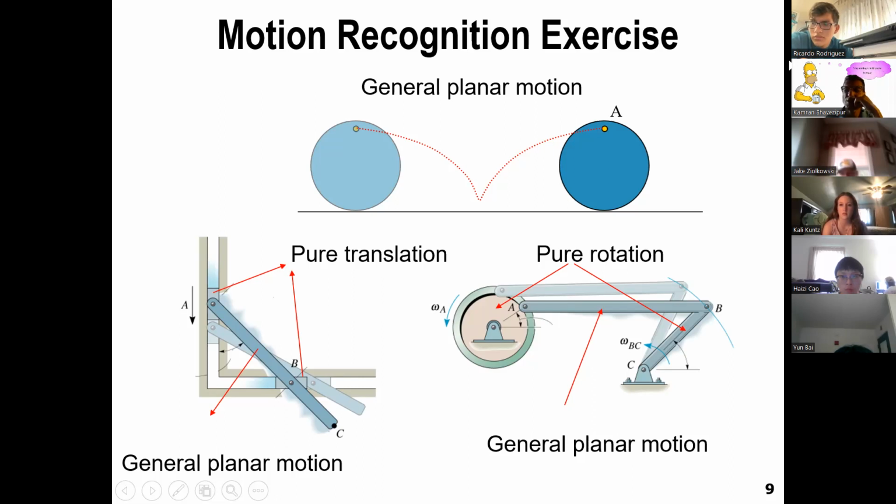Well, from one sprocket to another, maybe it has translation, but around the sprocket it rotates, right? So those tiny pieces rotate. Maybe that's not the best example.